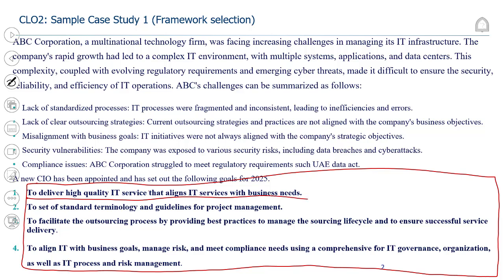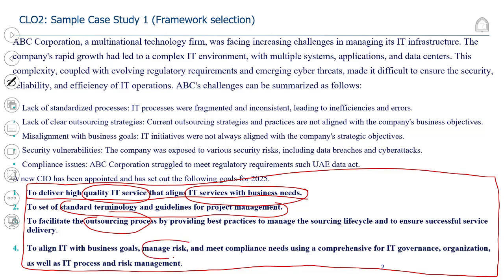So the keywords there: high quality IT service, okay? And IT service that is actually aligning with the business. Some of the keywords that you should look at, okay? Standard terminology and guidelines for project management. Outsourcing is a keyword that you should look out for.